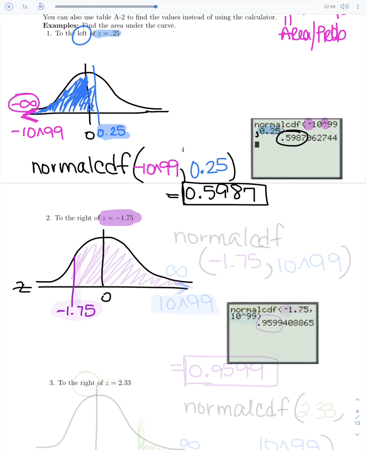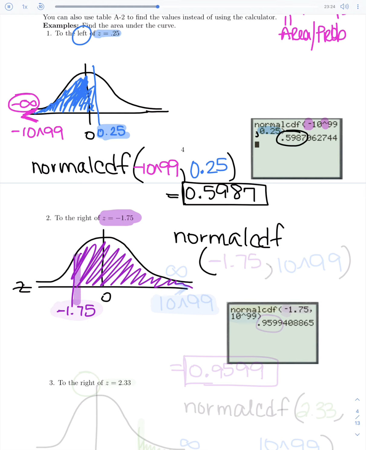But this time, they want us to find all the area to the right. So the question is, how are we going to do that? Well, because we've still got the same picture, we're still going to use a normal CDF. But to get this area or probability, remember we have to plug in a start value first. Well, we have to work on our graph from left to right.